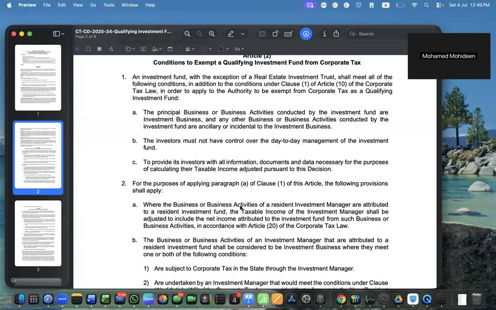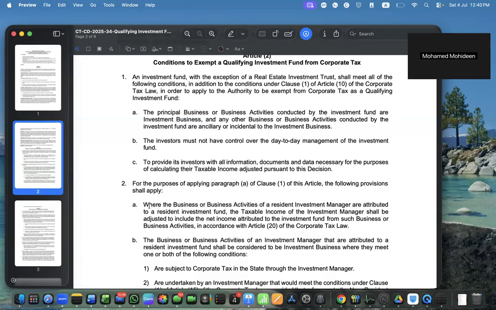So this point is addressing the investment manager's income. Was there any mention of investment manager in clause A? No, it was not. So this is a standalone provision.